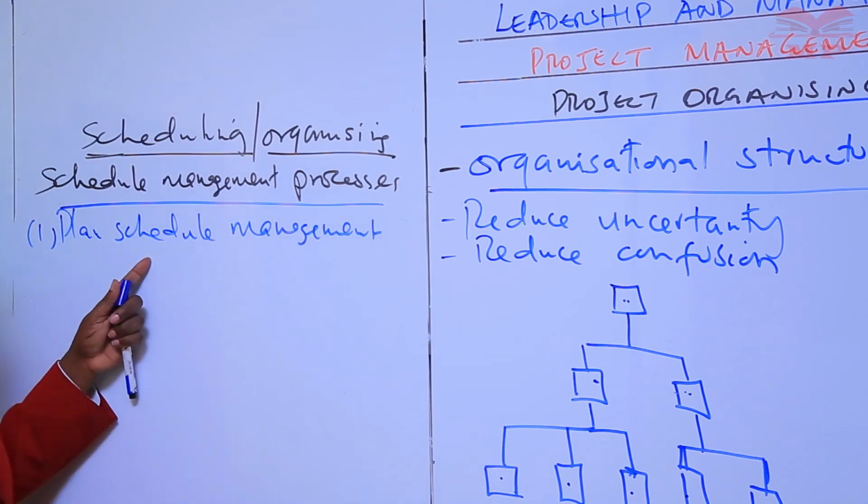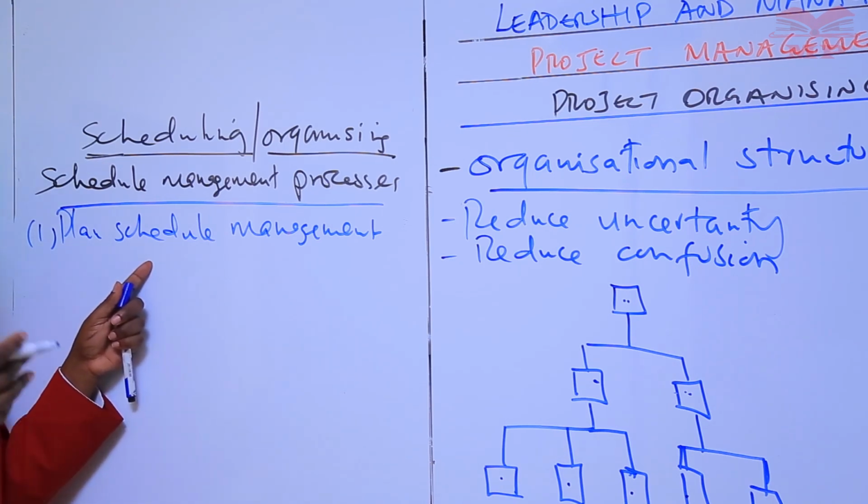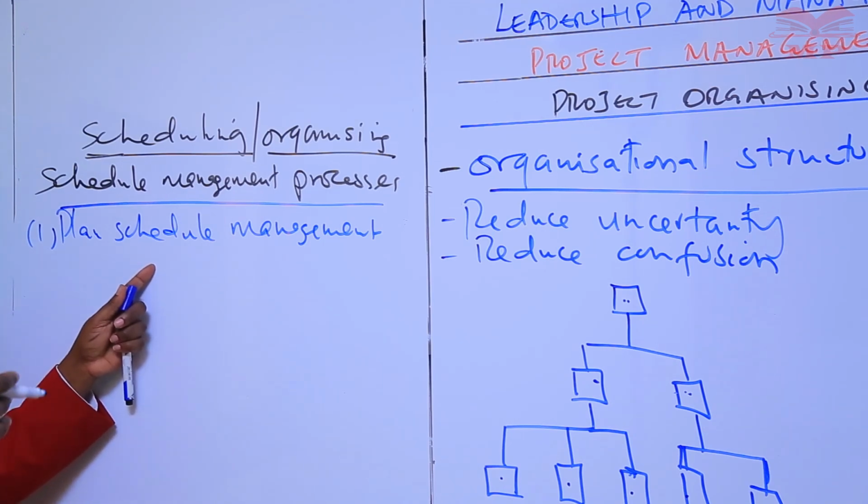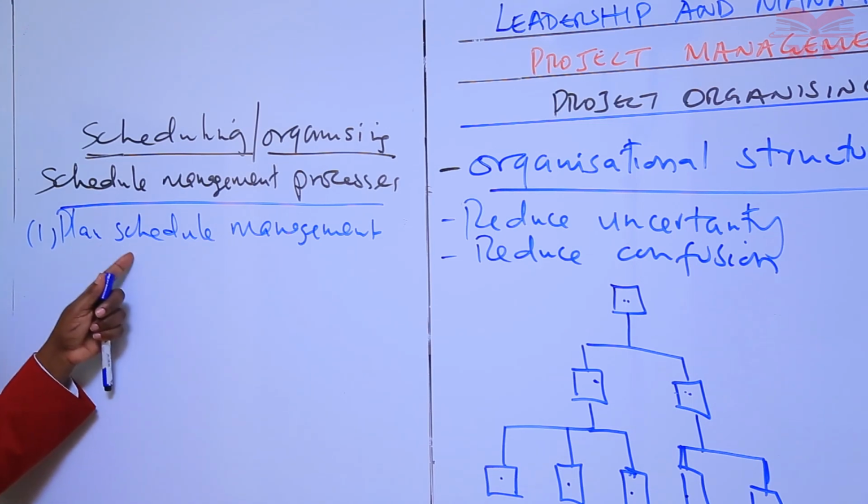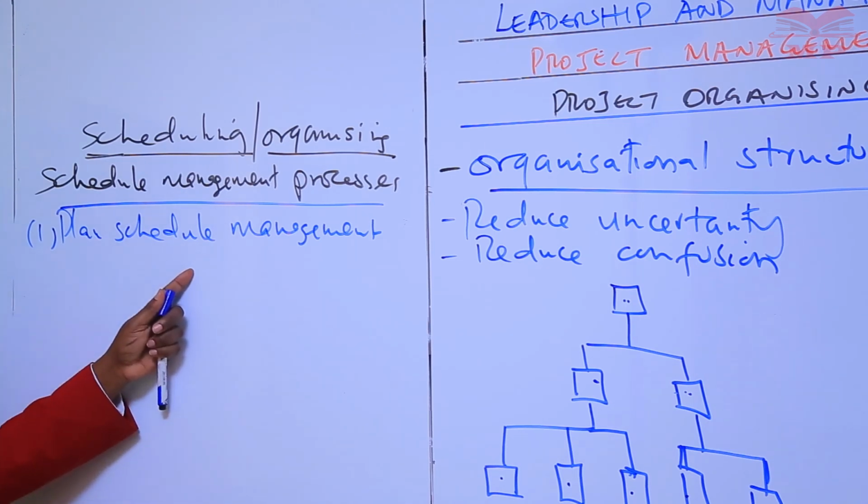Plan schedule management. Now, candidates, the process of establishing the policies, the procedures, the documentation for planning, developing, managing, executing, and controlling the project. That's all about the plan schedule management.